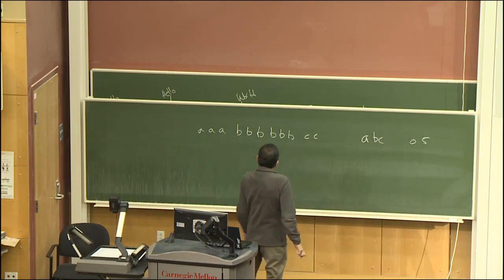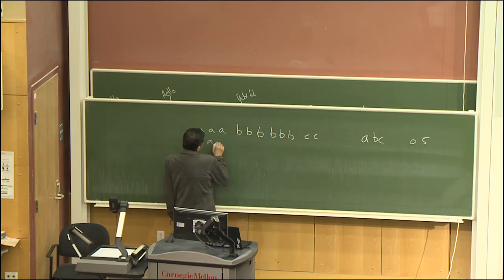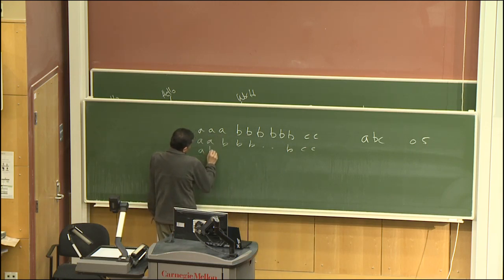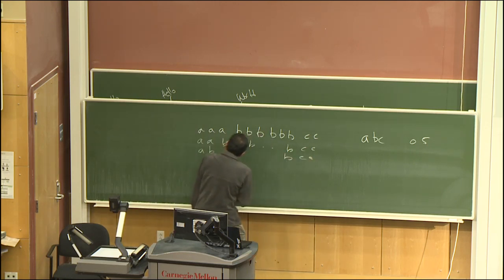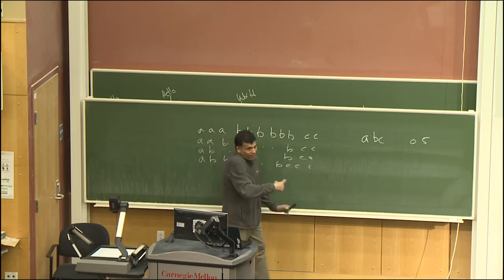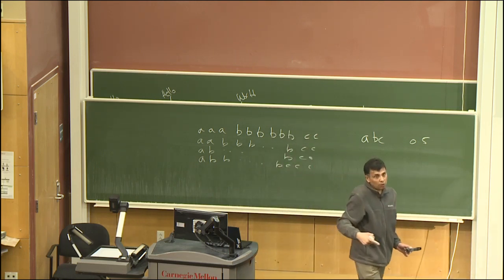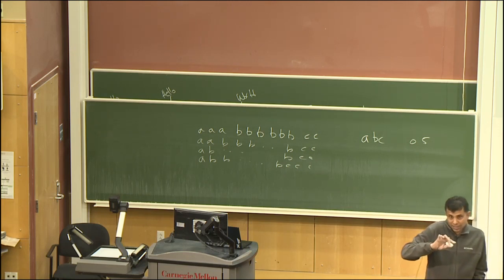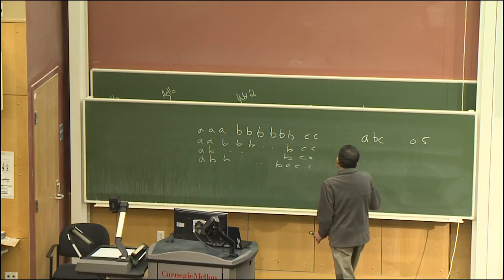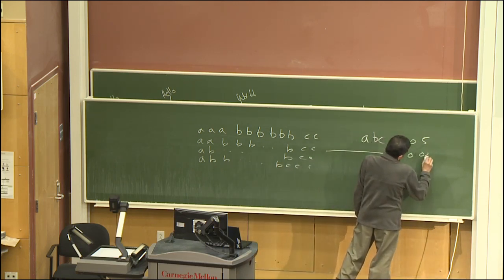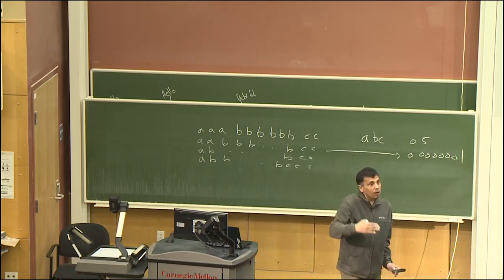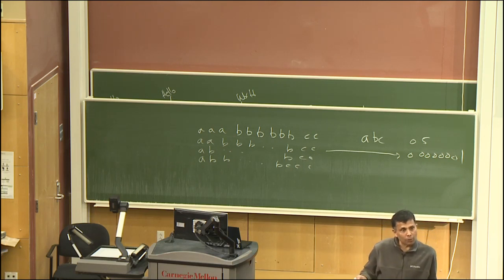And then I might have the other versions, A, B, B, B, B, C, C, A, B, B, C, C, then A, B, B, B, C, C, C. And you can have all of these other variants which give me the same order synchronous output but different time synchronous outputs. And just giving you a completely hypothetical case where each of these, for whatever reason, has a probability of 0.0000001. That means across all of these combinations, the total probability is maybe something like 0.5.